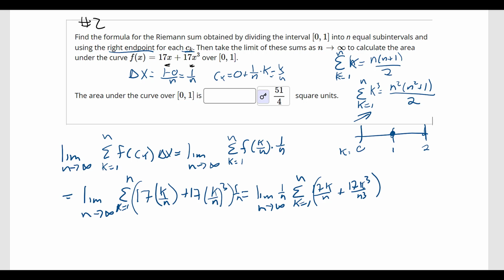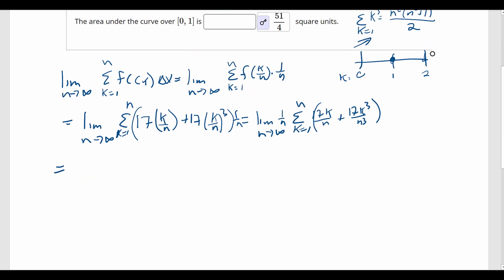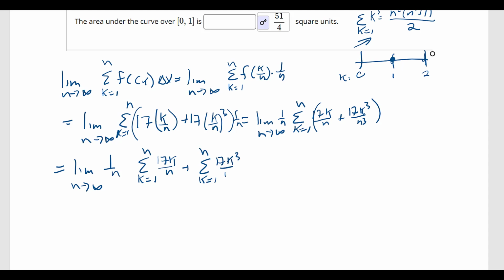Next, I'm just going to take the limit now as n goes to infinity of 1 over n and separate these summations. So do the sum as k equals 1 to n of 17k over n plus the sum as k goes from 1 to n of 17k cubed over n cubed.